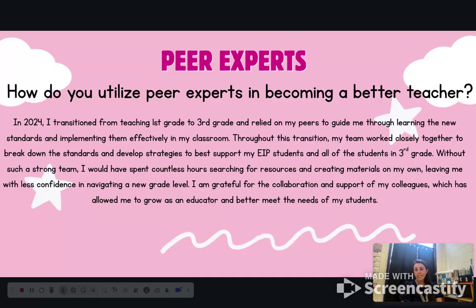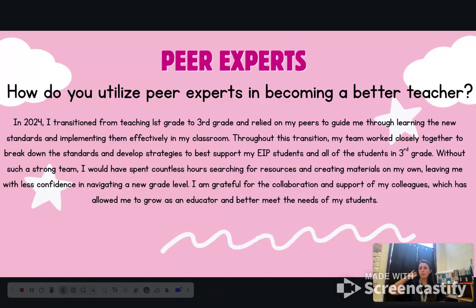It doesn't seem like a big jump going from first grade to third grade, but it is a huge jump. The students are more independent. However, I work with the EIP third grade, so my students are a little bit lower than the average third grader. Having my experience in kindergarten and first grade has really helped with that. I'm able to contribute that aspect to my team and break down the third grade standards a little bit more than what they're used to.